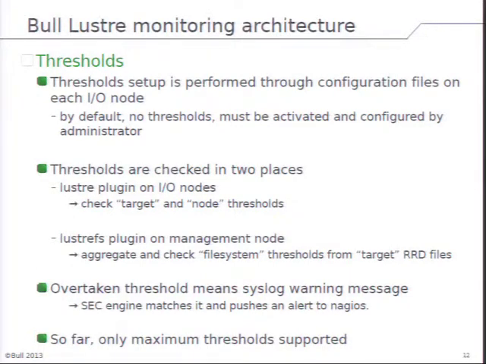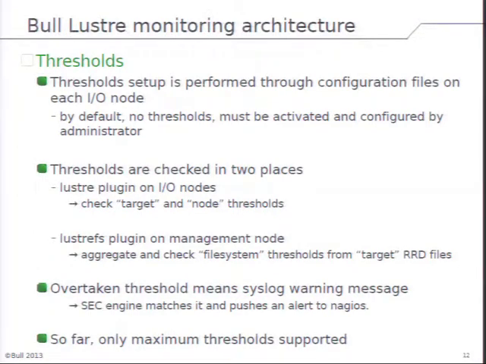Thresholds are, like I said earlier, checked in two places. On Lustre plugin I/O nodes, so in the plugin that collects data from Sprock, the threshold is checked, and if it is overtaken, the alert is raised through the syslog mechanism. And the LustreFS plugin on the management node takes a bunch of values of each file system metric, and does the same computing.